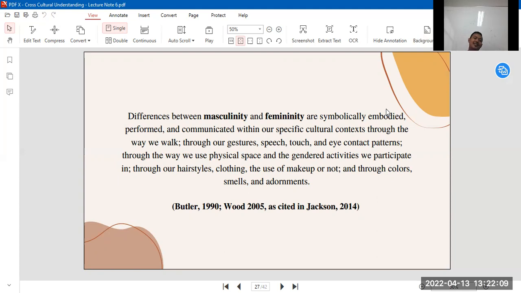That is the identity of gender. They are categorized based on certain criteria: the female should be doing this, and the male should not have done this, and so on and so forth.